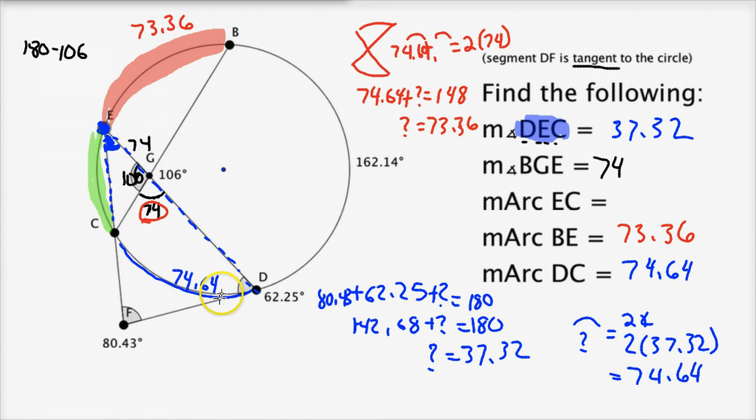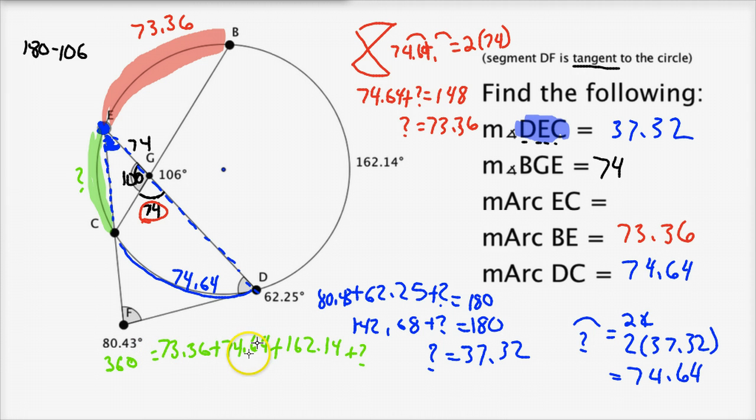I got 74.64 plus 162.14 plus 73.36 plus EC, whatever EC happens to be. So then we'd have 73.36 plus 74.64 plus 162.14 plus something equals 360.